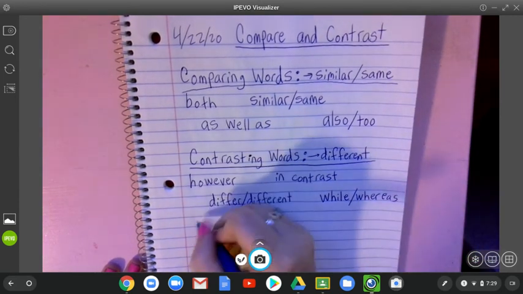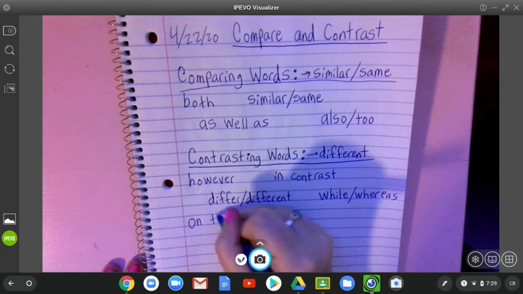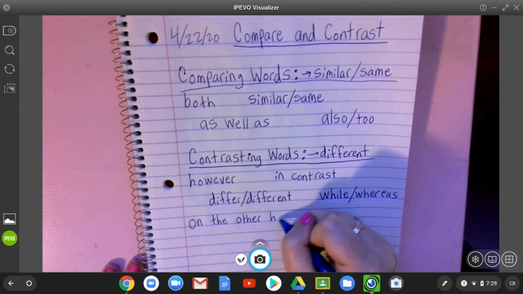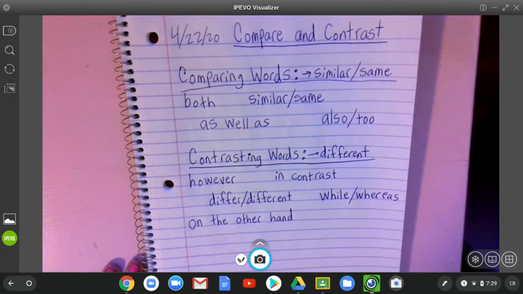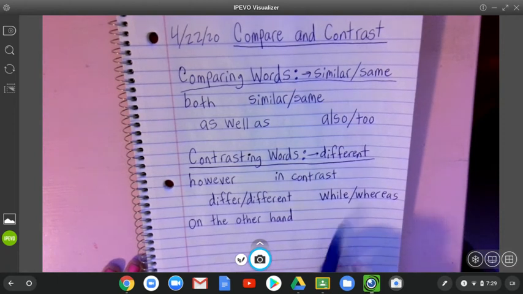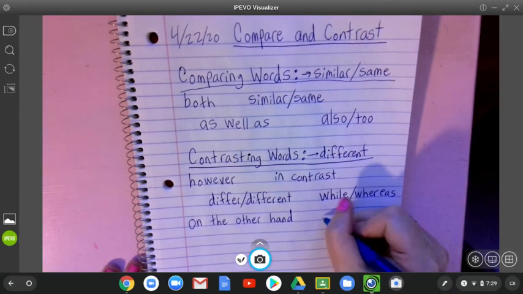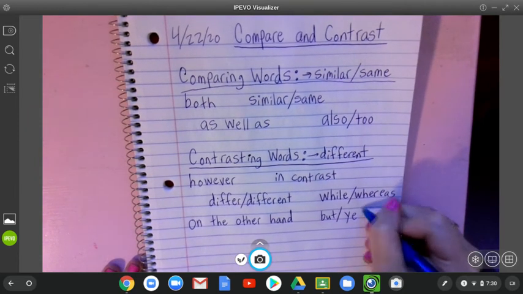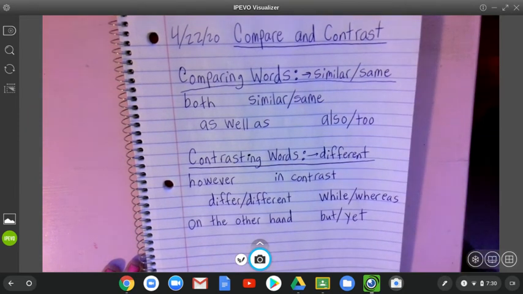Okay, I said this one before: on the other hand, I have long hair, and on the other hand, you have short hair. The last ones you could write in here are but, yet, those types of words.